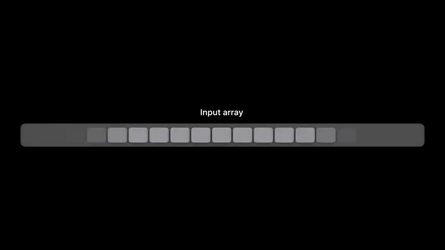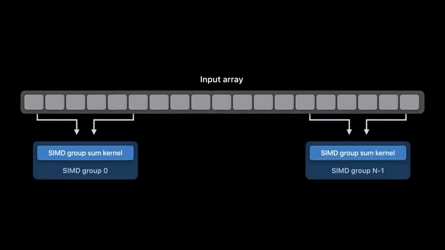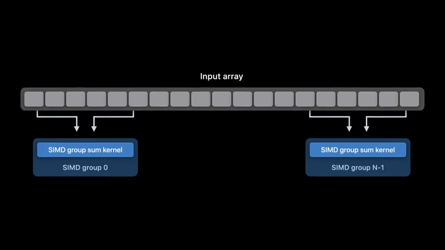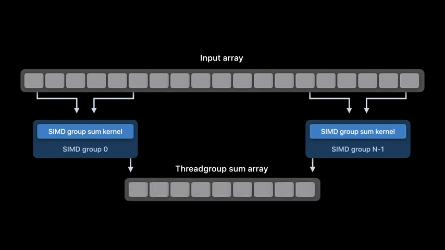Now let's take a look at how we can use SIMD_SUM to speed up adding the elements of a large array. Here the input array is in device memory. Each SIMD group reads a subregion of the input array and computes its sum using the SIMD_SUM instruction. This sum is then written to an array in thread group memory.